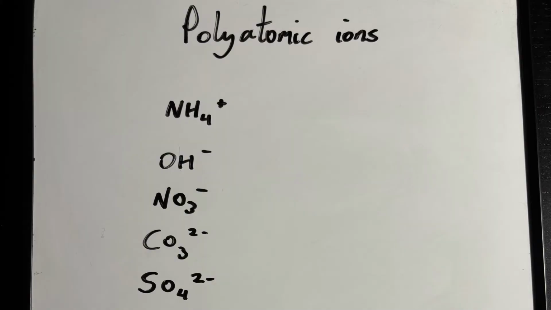It does expect you to know the name, charge, and molecular formula of 5 polyatomic ions. And unfortunately, it's just one of those ones you've got to learn either through practice or through sitting down and just memorizing them. But your only cation is ammonium, and then after that you've got 4 anions, which are hydroxide, nitrate, carbonate, and sulfate, and the charges are on there for you.